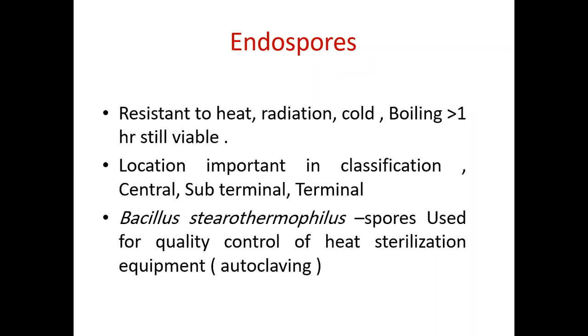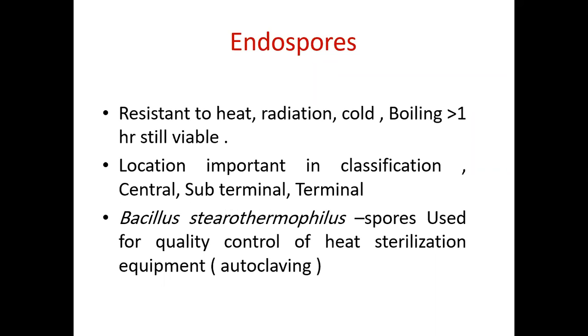The spore possesses a core that contains many cell components, a spore wall, a cortex, a coat, and an exosporium. It germinates under favorable nutritional conditions, after an activation process that involves damage to the spore coat.